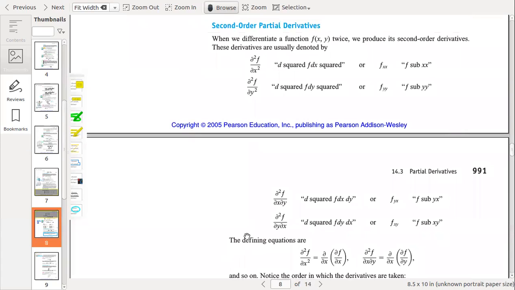Then partial square f over partial x partial y, d squared f dx dy, or fyx, this one.